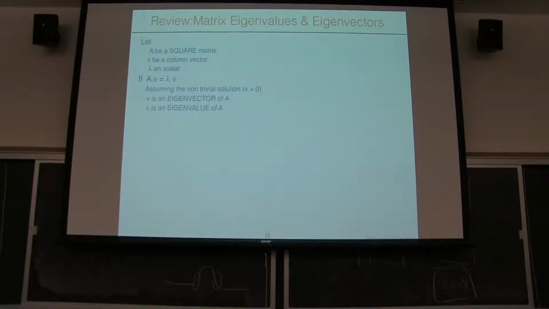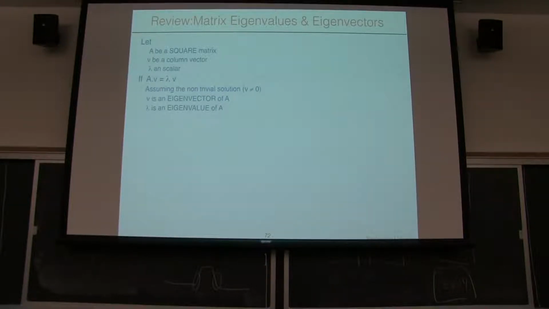And we say that V is an eigenvector of A with eigenvalue lambda if when I multiply A times V, I get a version of V scaled by lambda. Okay? Assuming the non-trivial solution, of course.